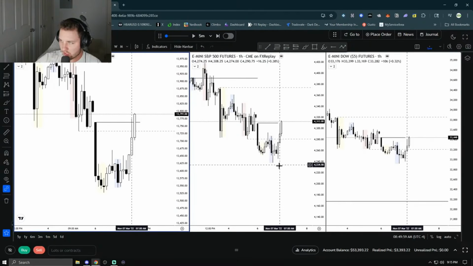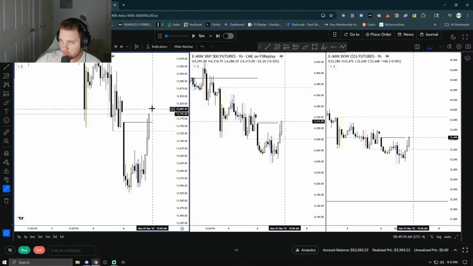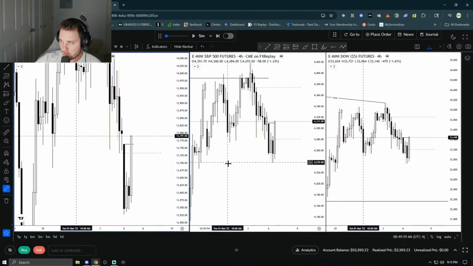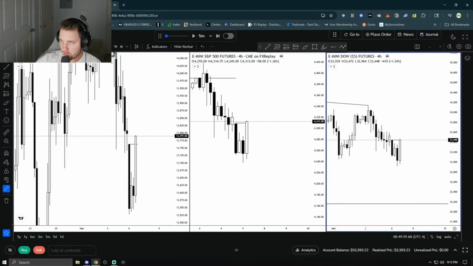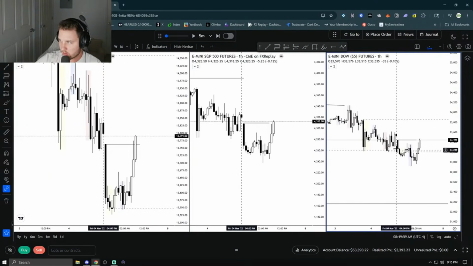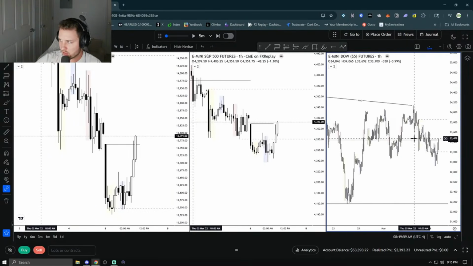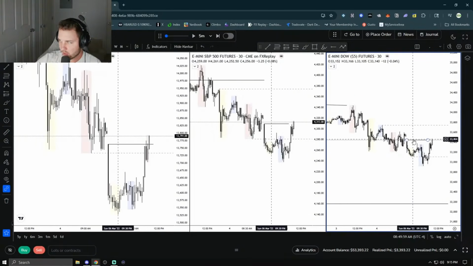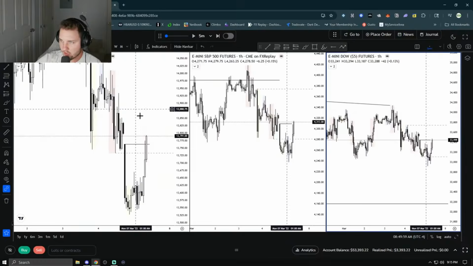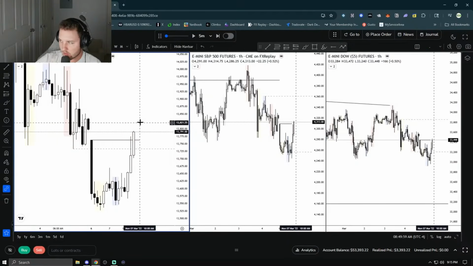Like there is this SMT here, but we've already expanded. I don't see any key levels to reverse off of. We do have this LR, but yeah, this is the only area I think we can reverse.